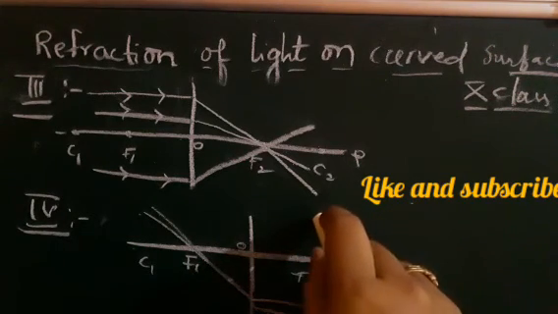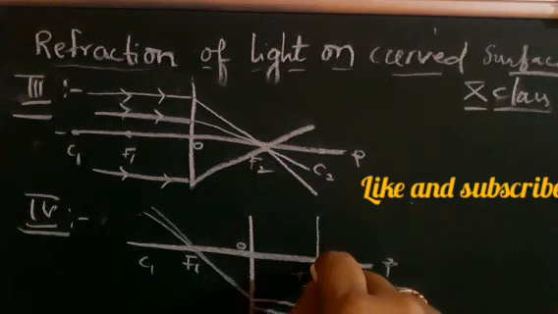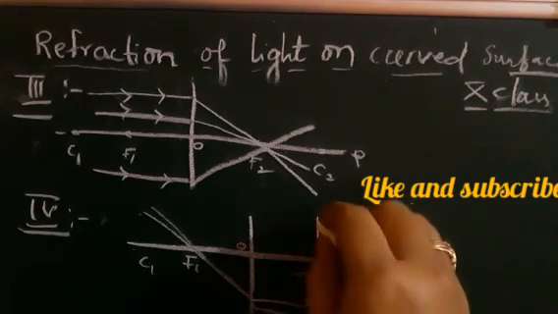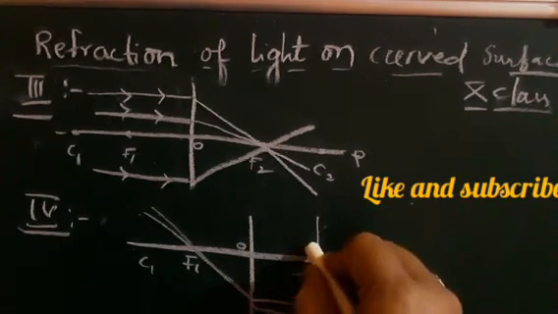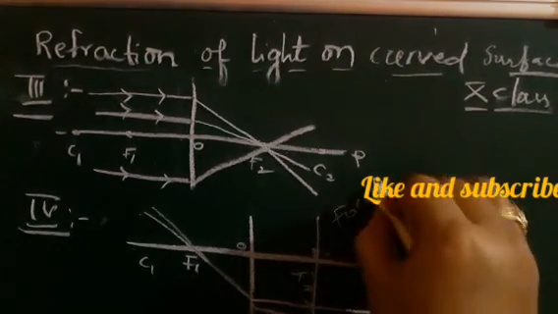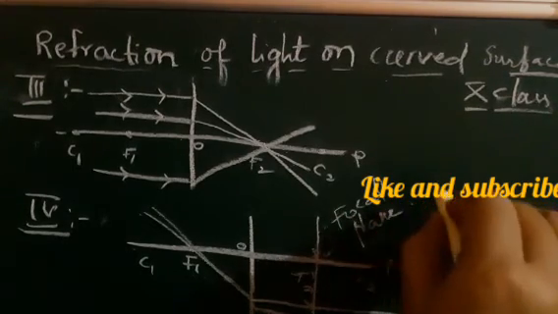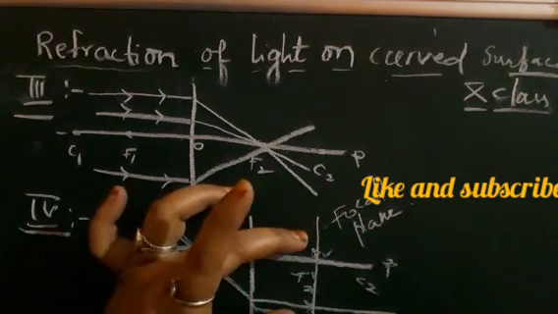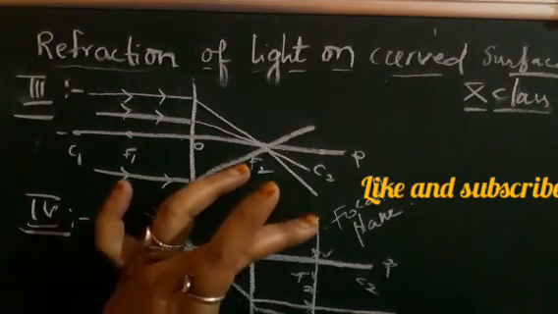If we take a line perpendicular to the principal axis at the focus point, this is called the focal plane. Okay, this is called a focal plane. Now they get converged or diverged at this focal plane, showing the converging or diverging property on the focal plane.